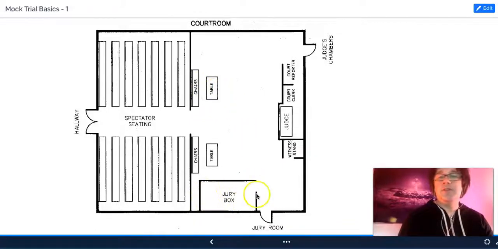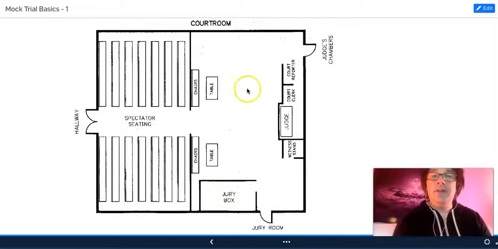The jury of 12 members would be sitting over here in the jury box. You can see this is the judge's bench here, and to the left of the judge's bench is the witness stand.